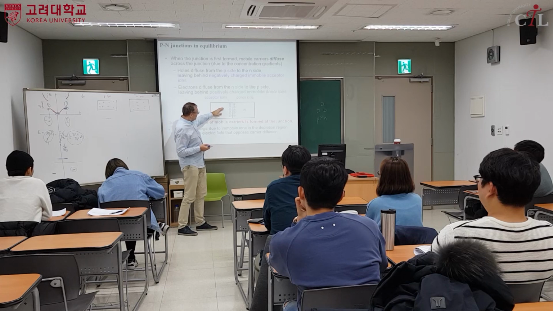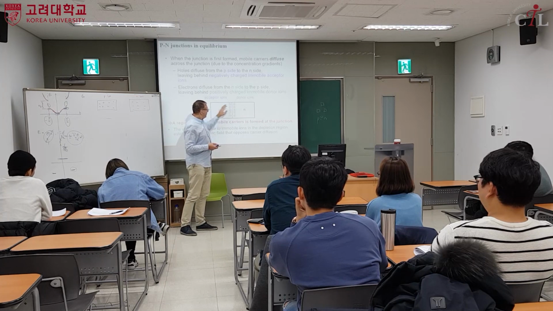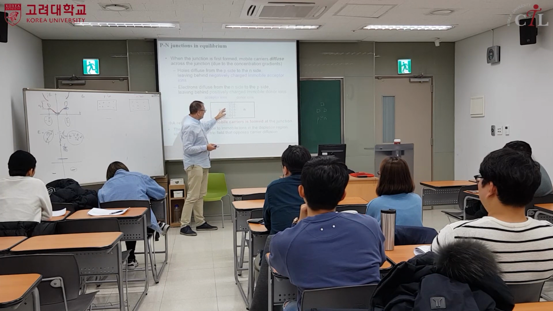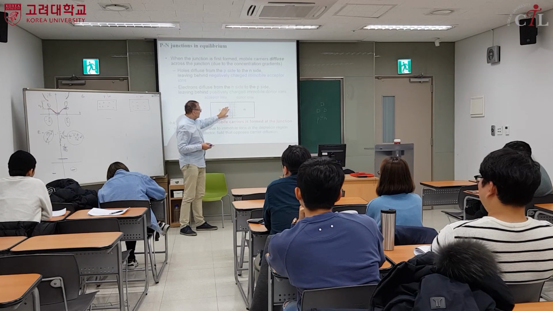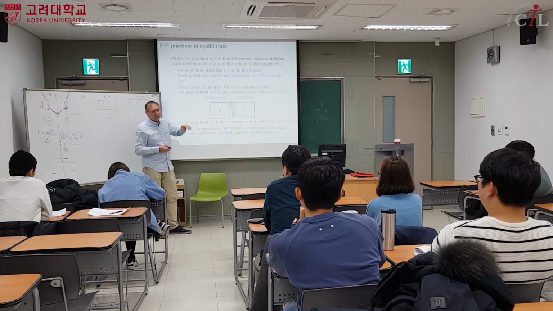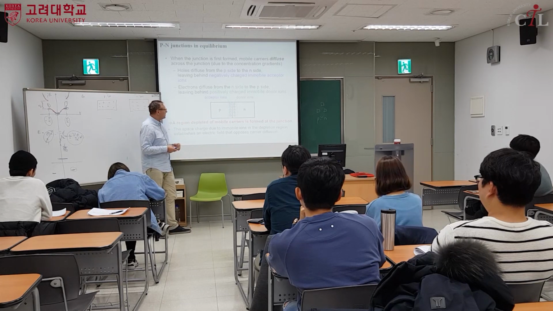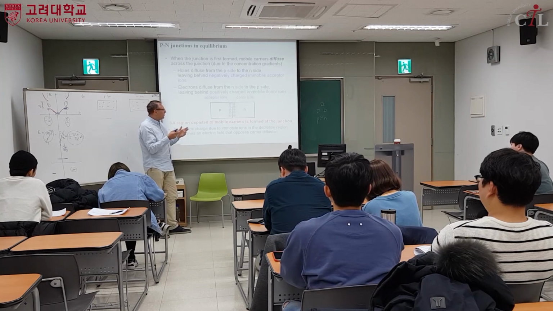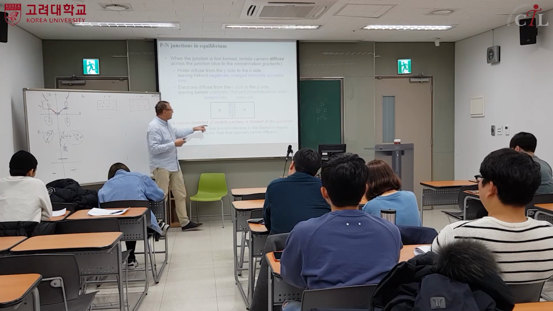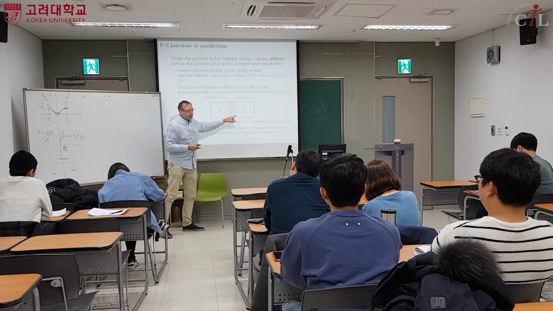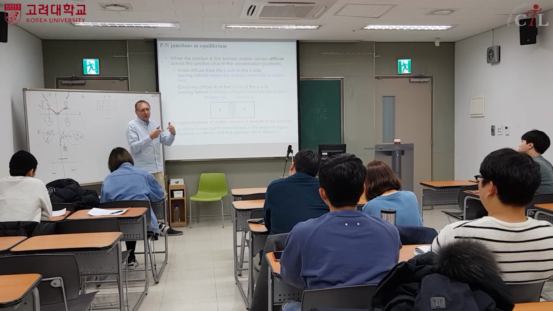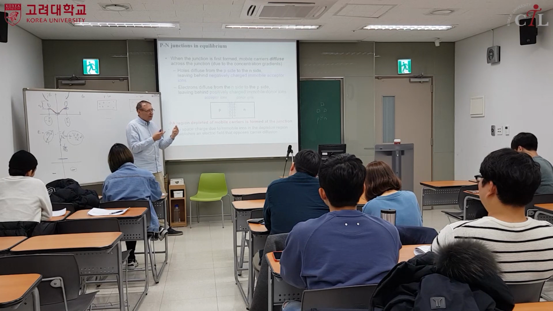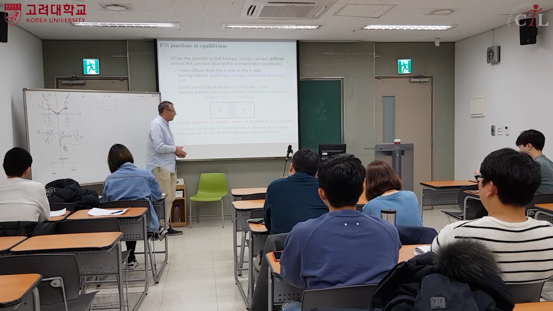Carriers start diffusing from here and there, and they get out of the region, but not only that, they leave uncompensated charge behind themselves. And you're right, this process will equilibrate. When the drift current created by this field is equal to the diffusion current, then everything is going to stop.